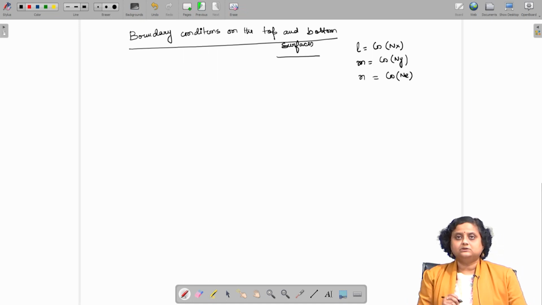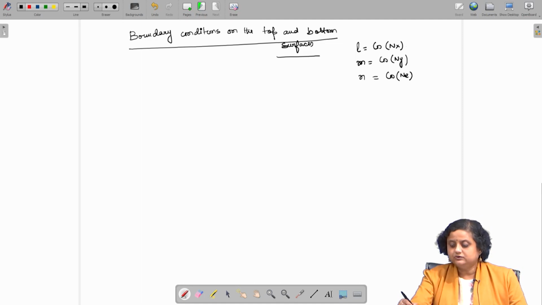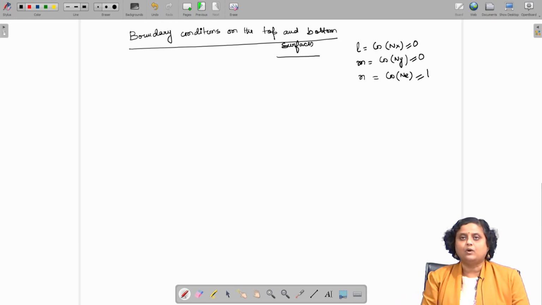Now, N on the top and bottom surface is along the z direction. So, this is always equal to 0, this is always equal to 0, and this is equal to 1.